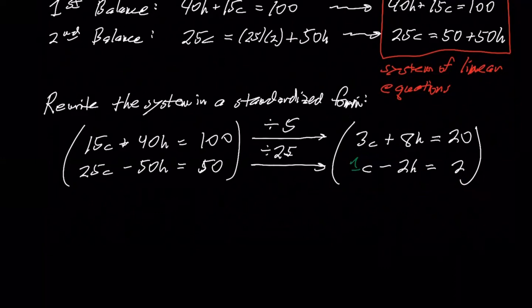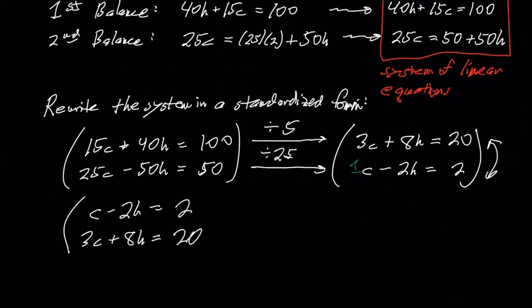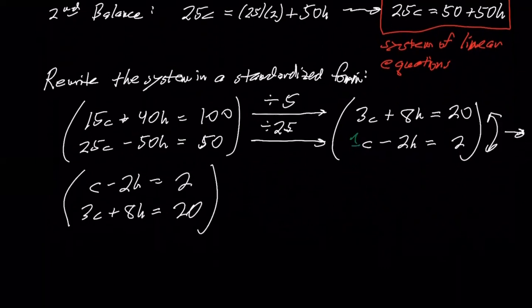So I'm actually going to switch the order. It doesn't really matter what order you have the equations in. I'm going to put C minus 2H equals 2 first, and then 3C plus 8H equals 20 second. That's what we did to move down to this next line.